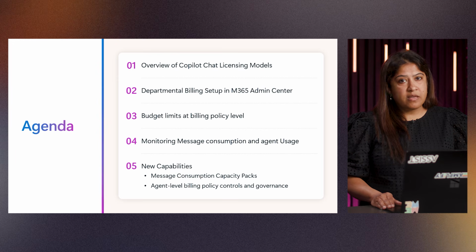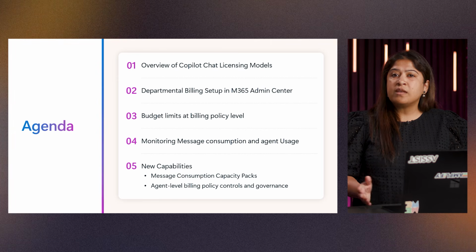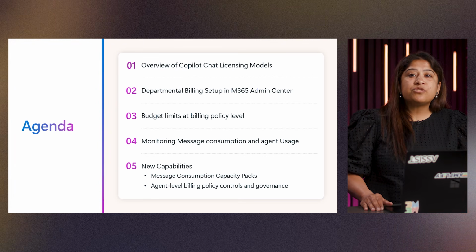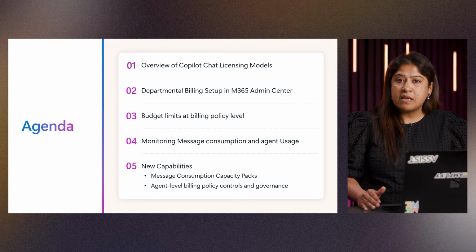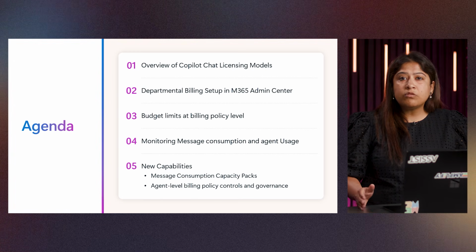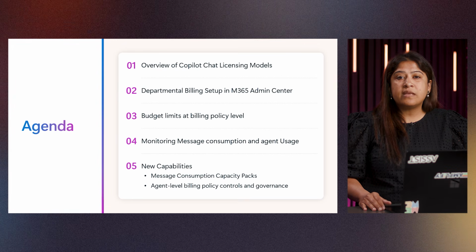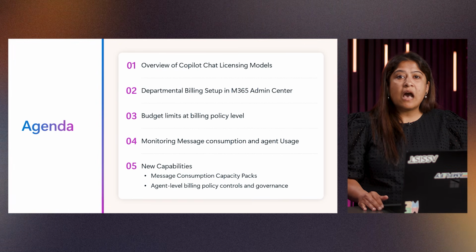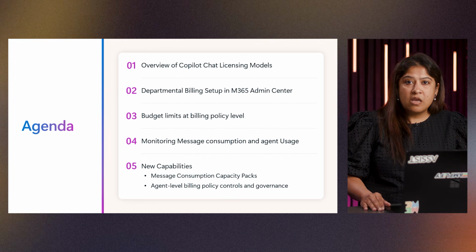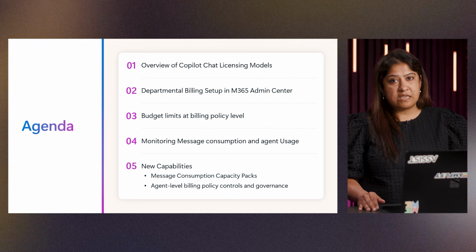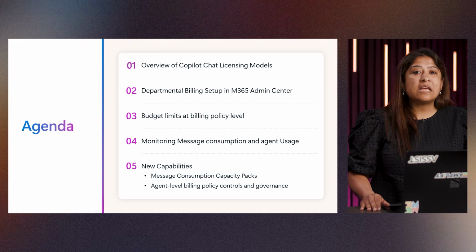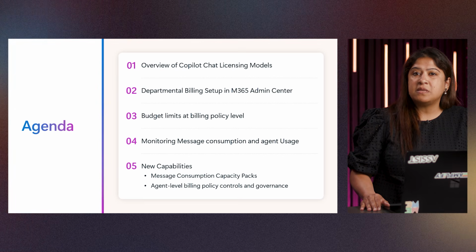Here is what we will cover in the next few minutes. Begin with an overview of the licensing models available for Copilot Chat, demonstrate how to configure departmental billing policies in Microsoft 365 Admin Center, walk through the process of setting budget limits within a billing policy, explain how to monitor message consumption and evaluate agent usage, introduce an upcoming capability that enables the use of message consumption capacity pack directly in the Microsoft 365 Admin Center.